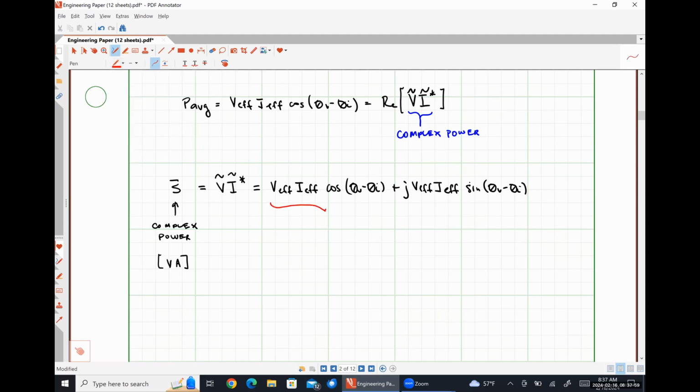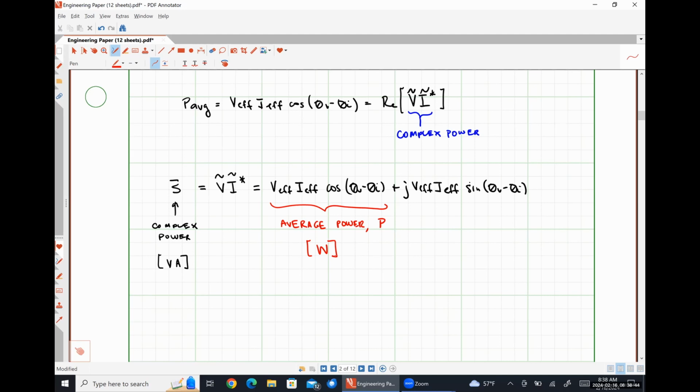This part right here is the average power. We already know that. We came up with this definition a few minutes ago, right? So this is our average power. Typically given the symbol P or P with a subscript AVG, let us know that it's average power. Okay. I'm just going to call it capital P right here. The units of average power are watts, which is what we've been dealing with up to this point. Okay.